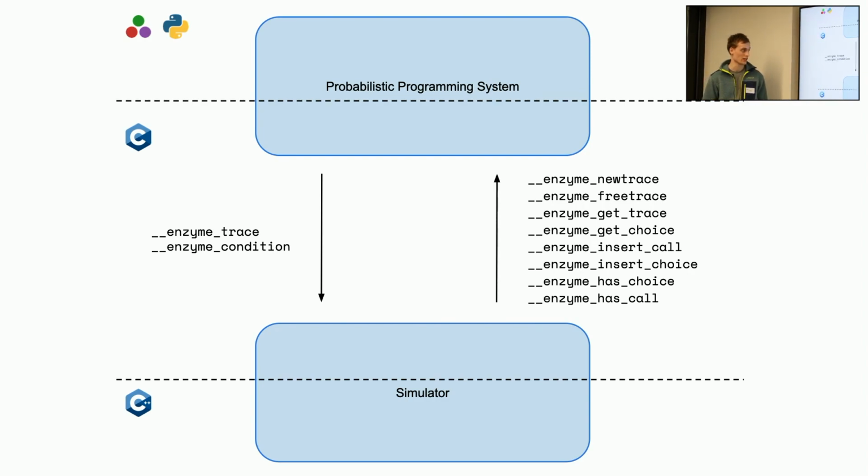We do that by first calling these interface methods, which I'll go into detail soon, which help create this trace we just saw iteratively. Those are the primitives we would use to generate those traces.